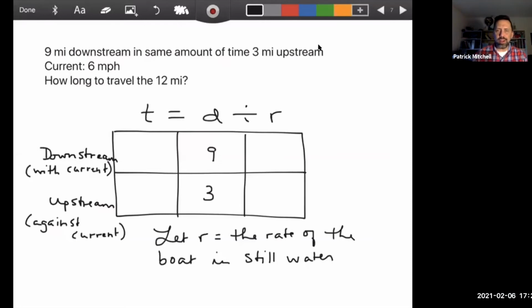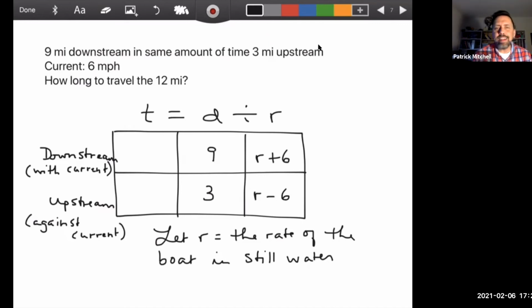So the whole point of that little exercise, literally exercise, was to try to convince you that the rate going downstream would be R plus 6, and the rate going upstream would be R minus 6.